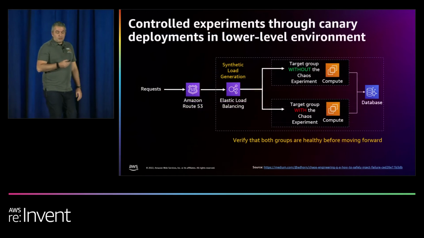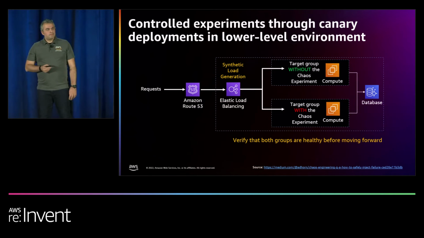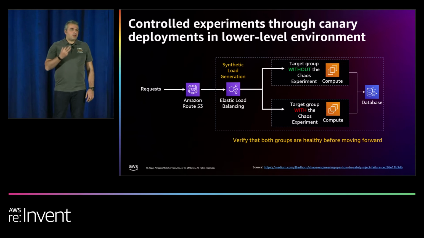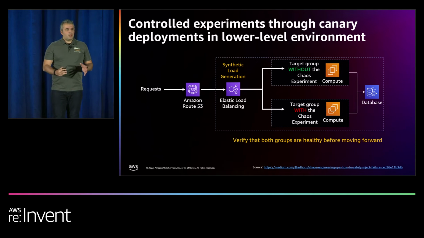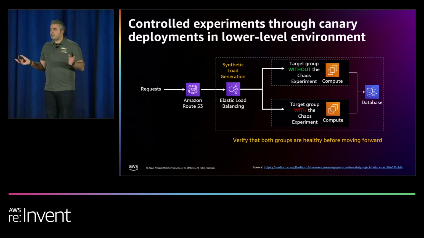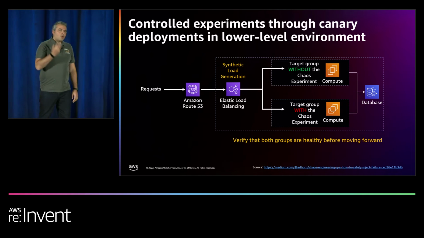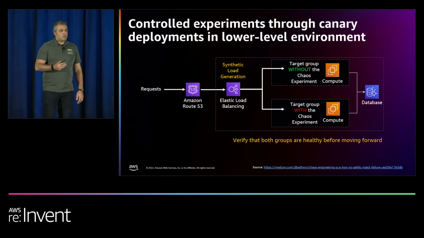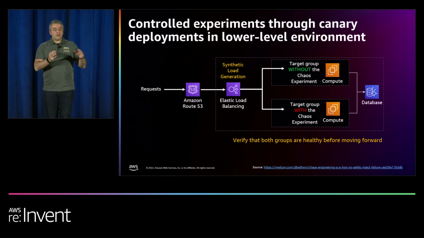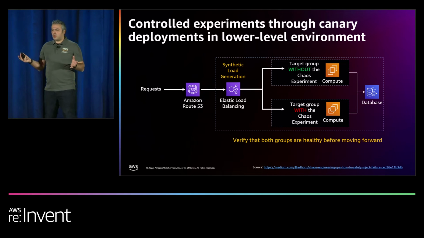So I mentioned the aspects of a control and experimental group. When you're thinking about chaos engineering and running experiments, the goal always is, one, that it's controlled, and two, that you have minimal to no impact to your customers when you're running it. So a way you can do that is, we call it not just having synthetic load that you generate, but also synthetic resources.